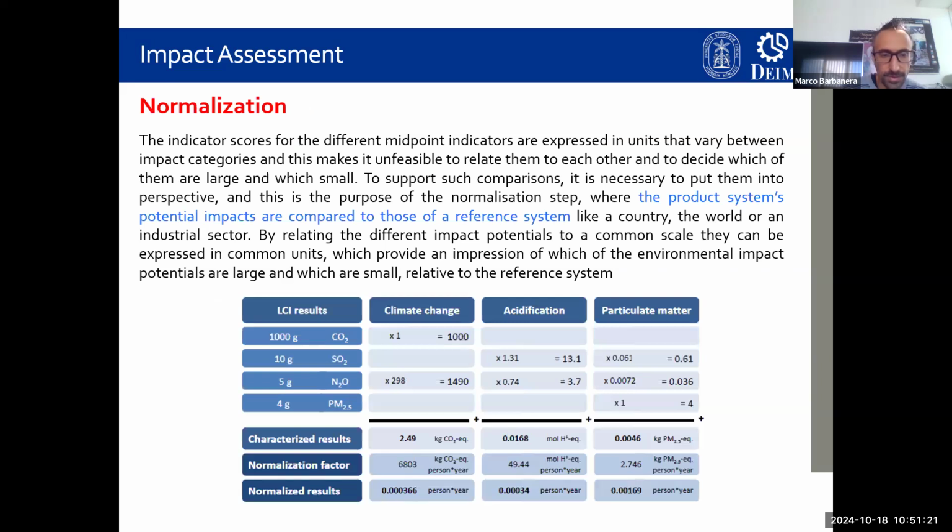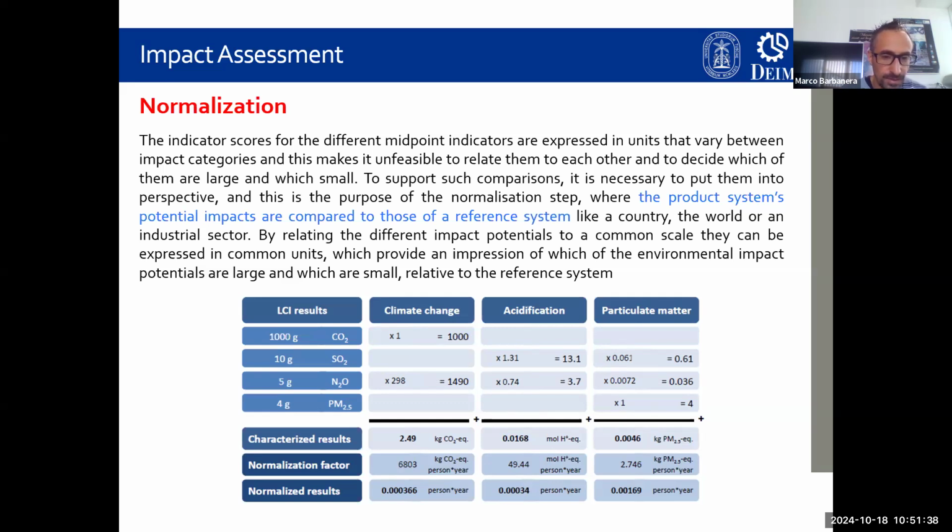So then here you can see an example about the normalization step.